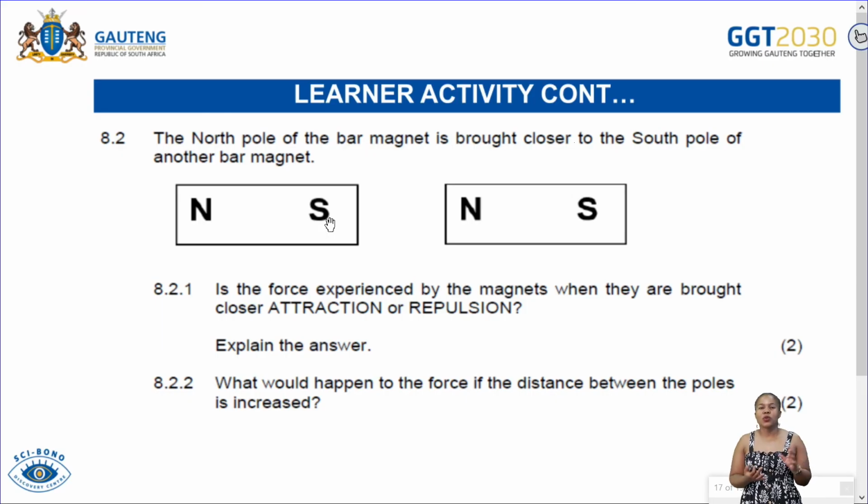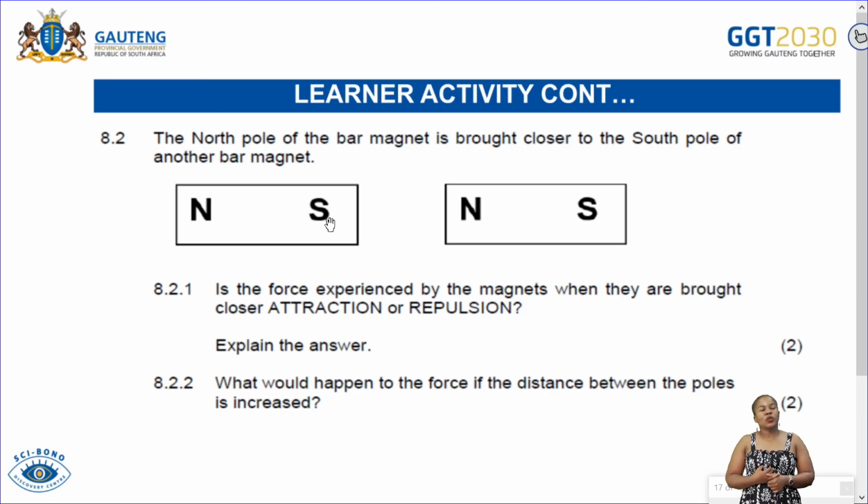Now you are implementing all these properties in drawing them up. But it's one bar that is given to you, so you need to move from the north on the outside to the south. You don't necessarily need to draw the magnetic lines inside the magnet. We just focus on the magnetic field lines on the outside.